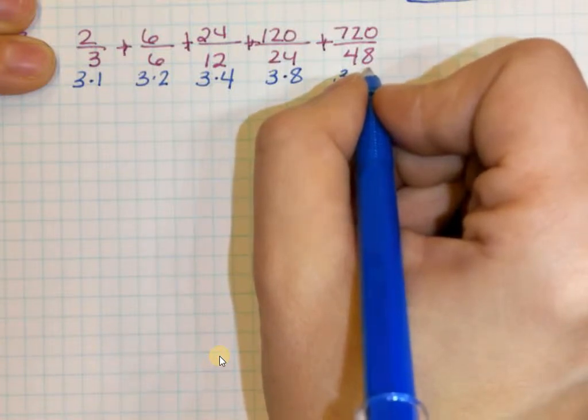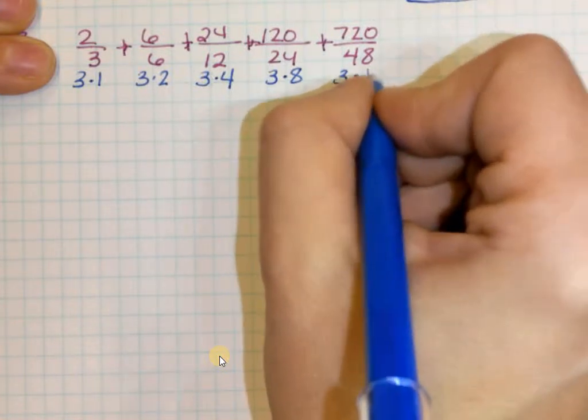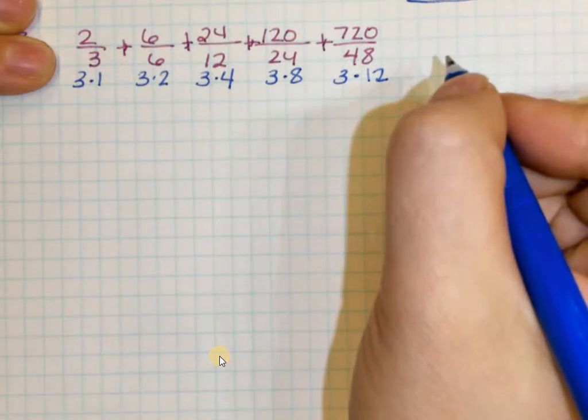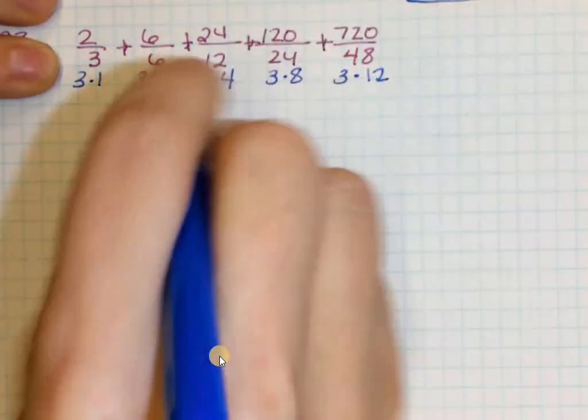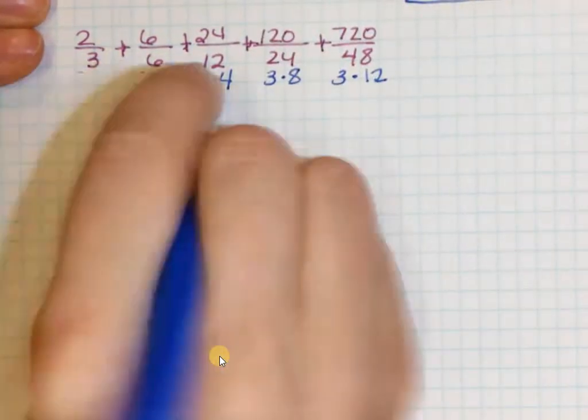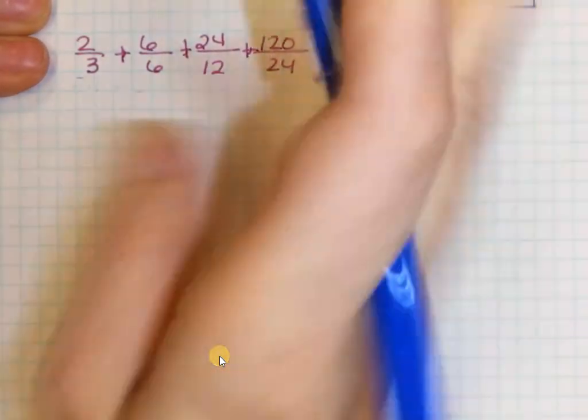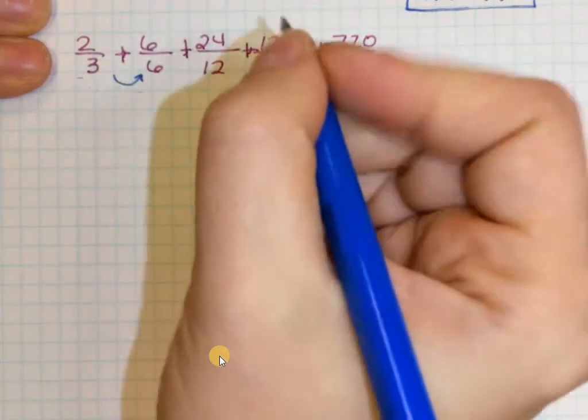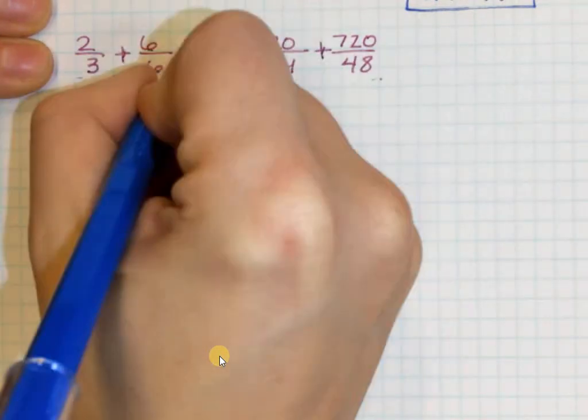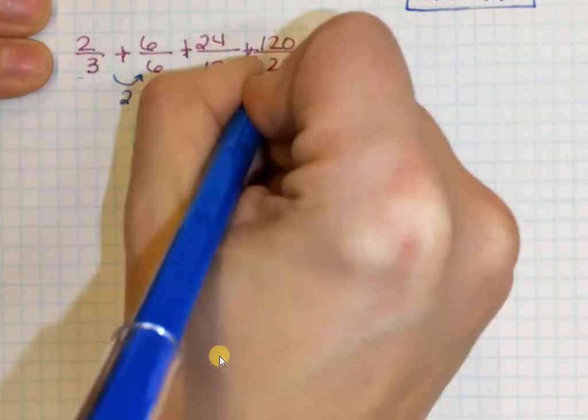What is this? 3 goes into 48 how many times? Okay, all right, so that one doesn't work. Or it does work, but it's a little bit harder. I could have also done this to say from 3 to 6, what do you do? Times 2. Times 2.